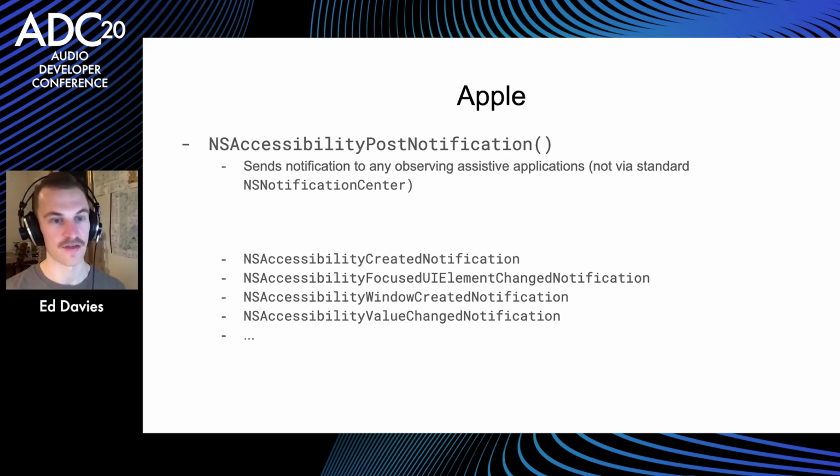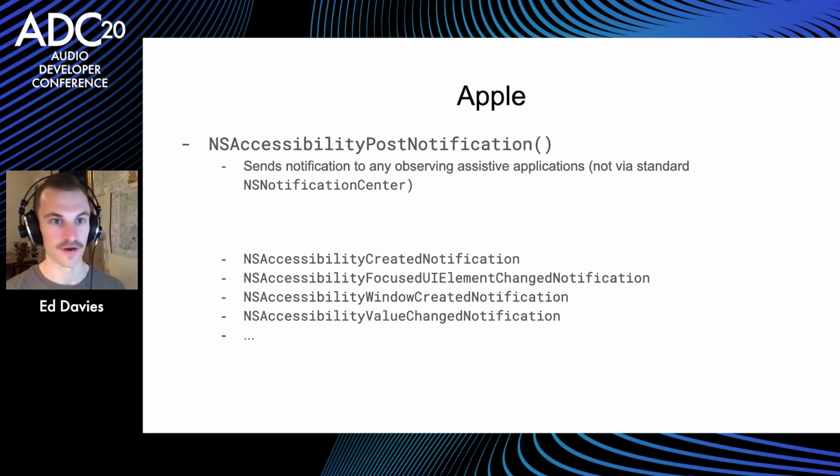But you can post notifications for things like UI elements being created, focus change, windows created, value changed, and so on. And you also pass in an ID of the accessibility element that it represents and that it applies to. And that's really it for the Apple API. That kind of covers most of the important points.